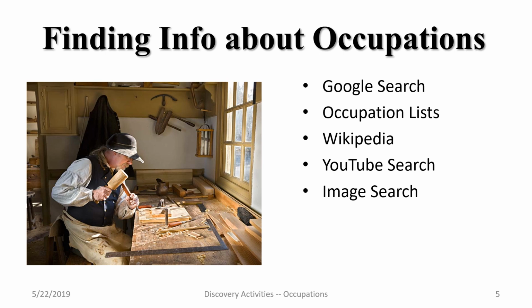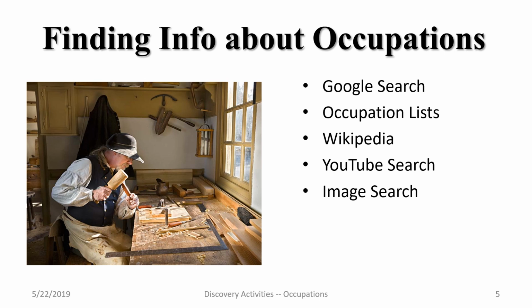I first do a Google search to see general resources that are available. I may have to adjust what I'm searching for to get the results that I'm looking for. For instance, when I searched for stonemason at first, I got a lot about the religious order, so I had to be more specific with tools at first.